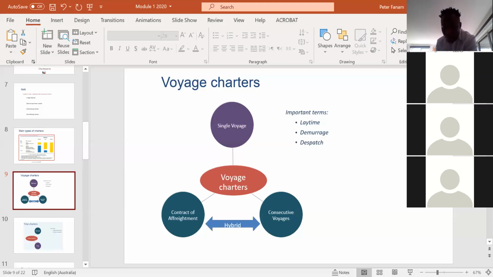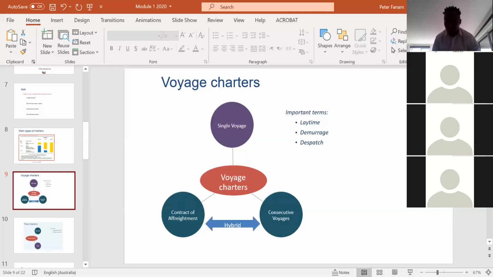I want this cargo delivered starting from July, but by the end of December, I want all these 2 million tons of cargo delivered to a warehouse in China. And the ship owner will agree, yes, I am able to deliver this for you within the time period from now to December. Then they will agree and sign the contract. And this contract is a contract of affreightment.